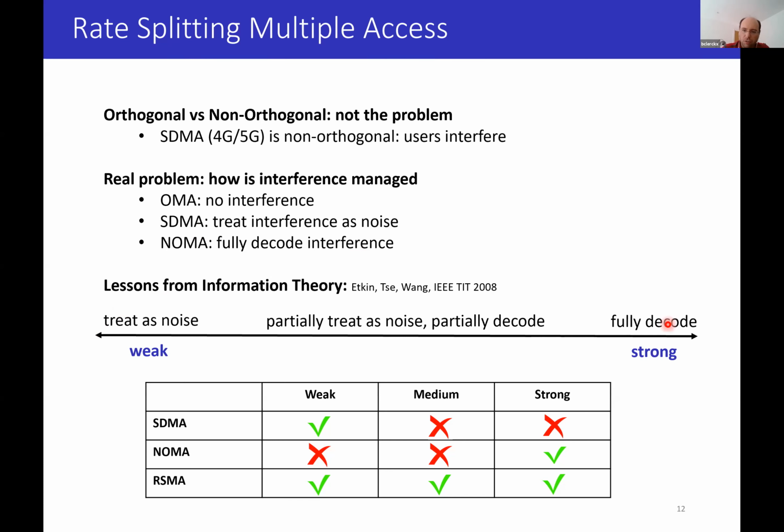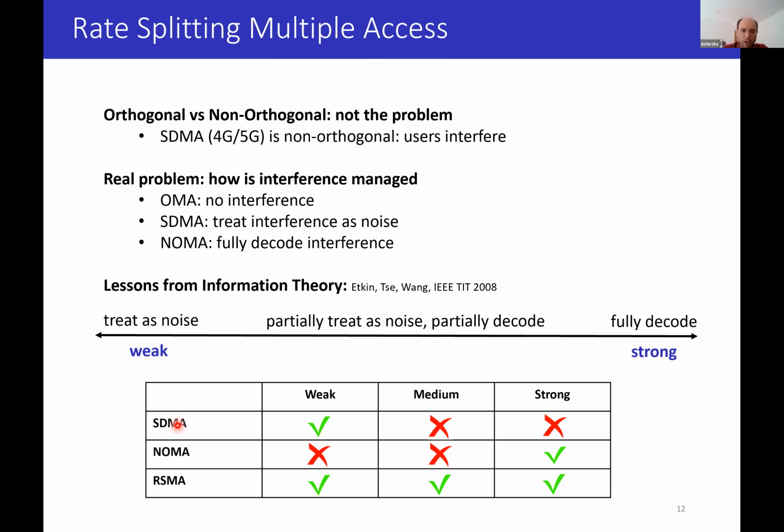Fully decoding interference is okay as long as the interference is strong. But in between, none of those techniques are actually the way to go. In between weak interference and strong interference, what we need to do is to partially treat interference as noise and partially decode interference.